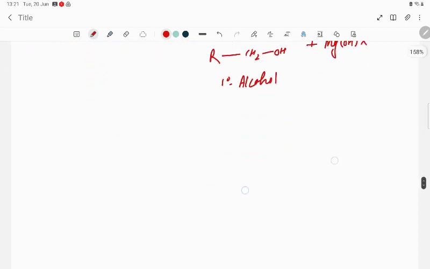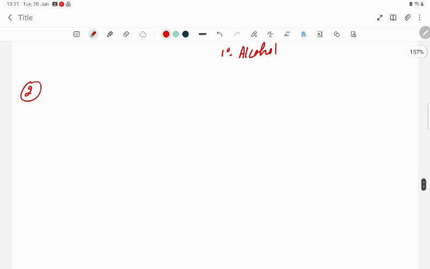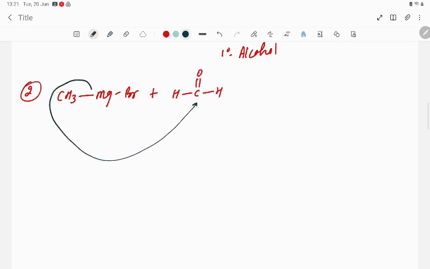Now let us go with the second problem. What is the second problem? You have CH3MgBr and you are treating it with formaldehyde. What is formaldehyde? H-C double bond O-H. The alkyl group attacks here, the bond shifts, and as a result the oxygen takes the magnesium ion.